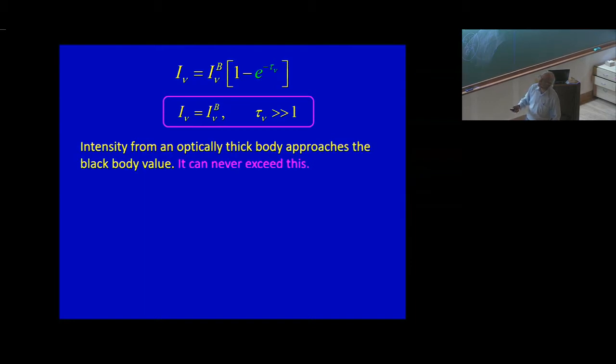It can never exceed this. Okay? So no matter what the mechanism of radiation is, the object cannot radiate at any frequency what it would radiate if it behaved like a black body. So it's a very powerful theorem that I'm stating here.